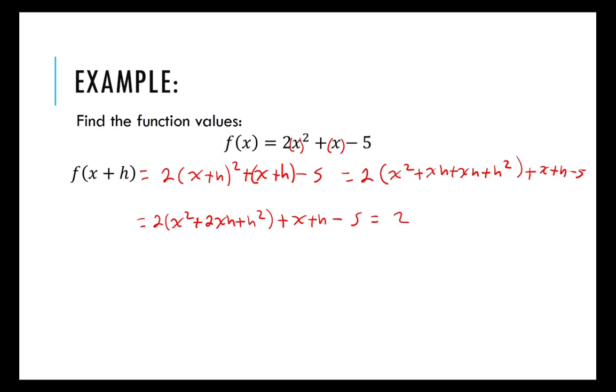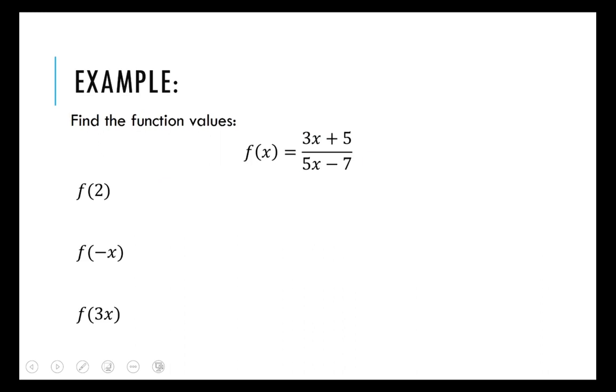Then that's going to give us 2x squared plus 4xh plus 2h squared plus x plus h minus 5. So I have no other like terms that I can combine. Same trend, different looking function.